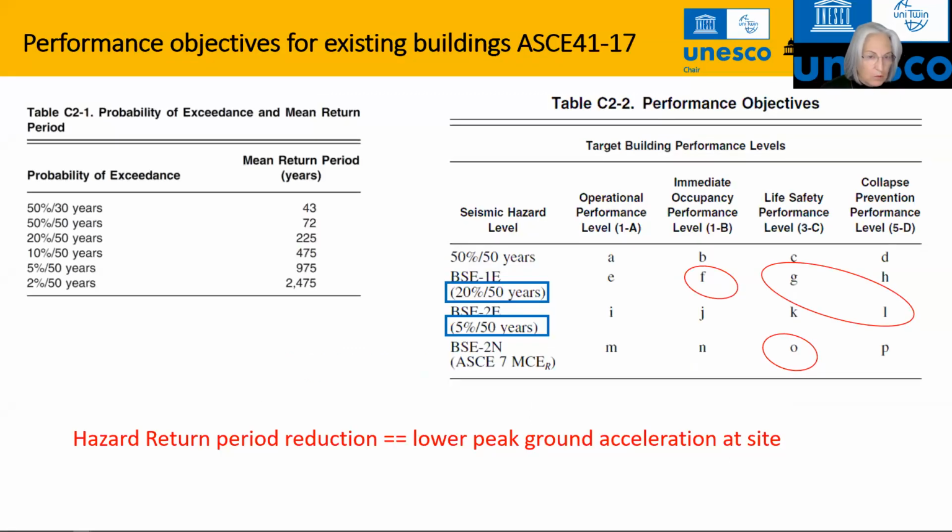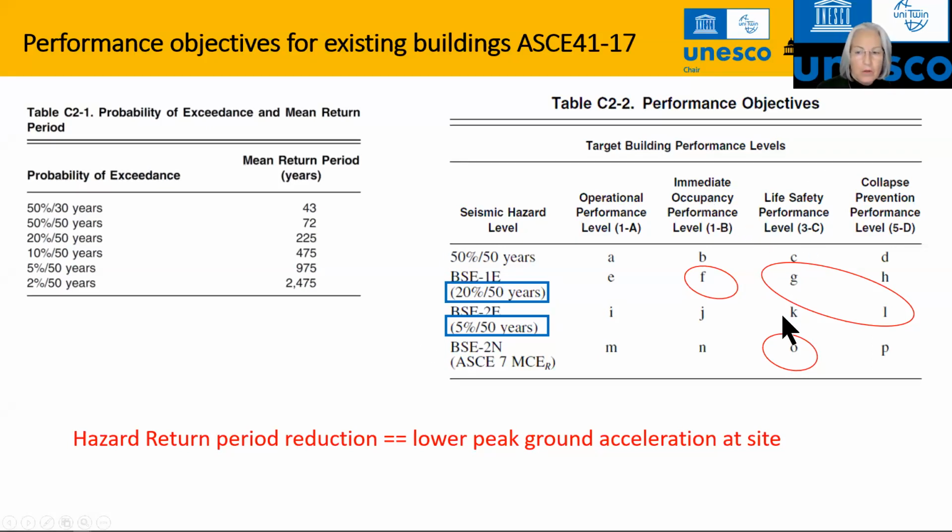So in terms of the performance objectives for ASCE 41-17, first of all, we look at the different types of seismic hazards, and then we look at the type of performance that we would like to achieve for a given level of hazards.